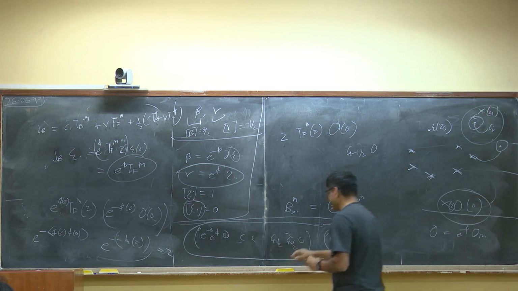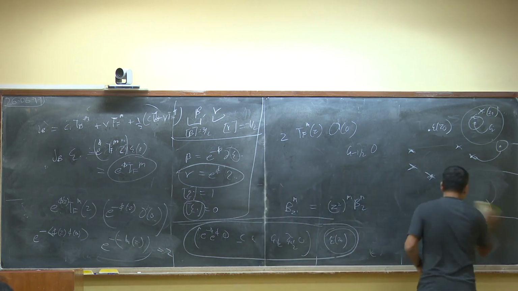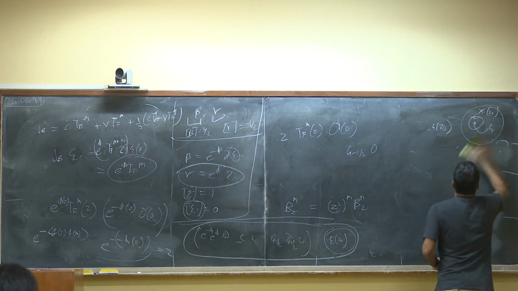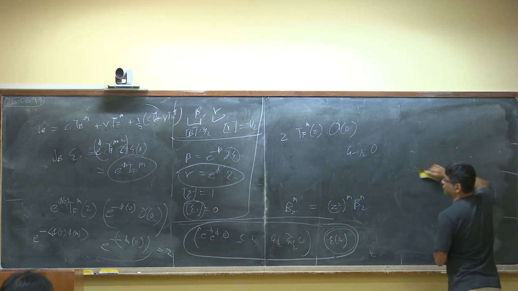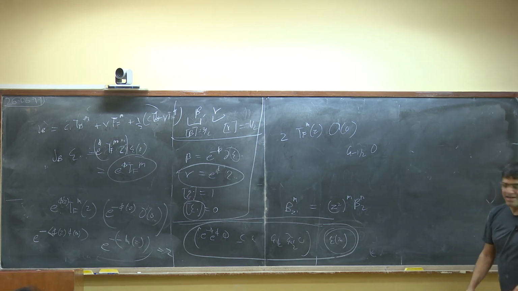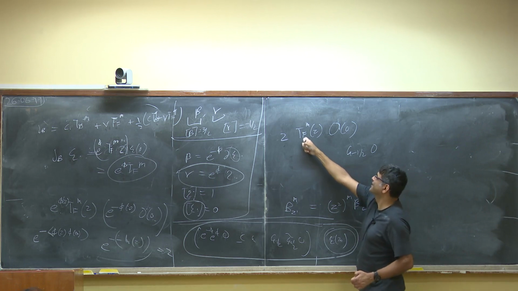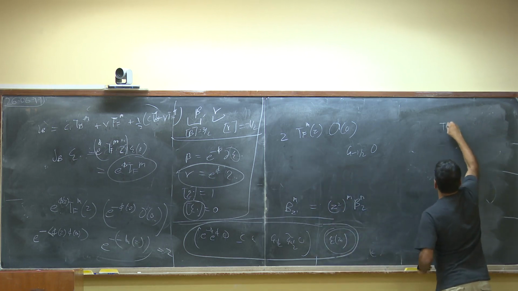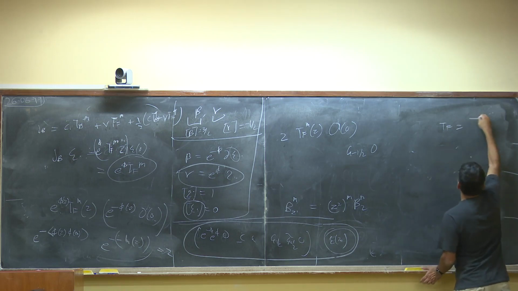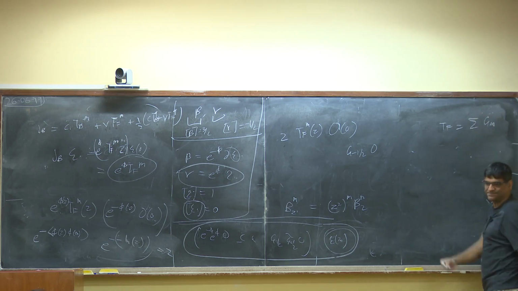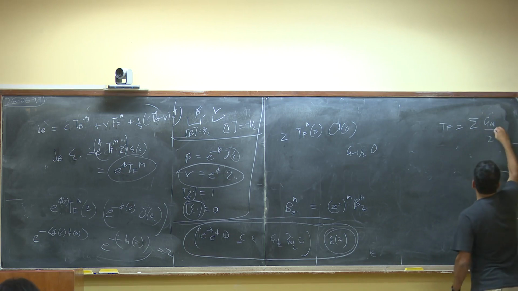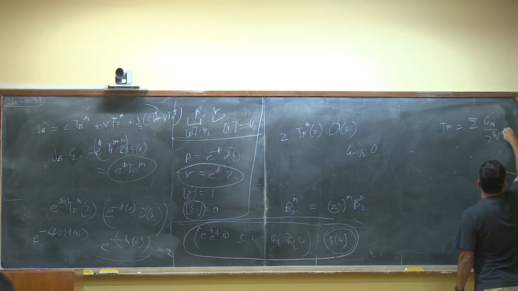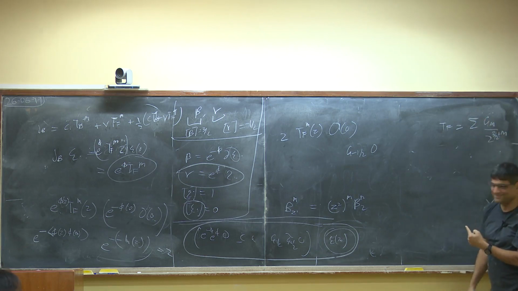Right? Let's remind ourselves of why that pole is related to G minus half on O. It's just because that was the current. Let's remember, TF was equal to the sum over Gm over z to the power 3/2 plus m. So when m was equal to minus half, this was the pole part.